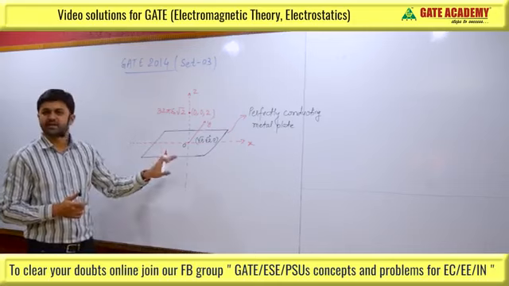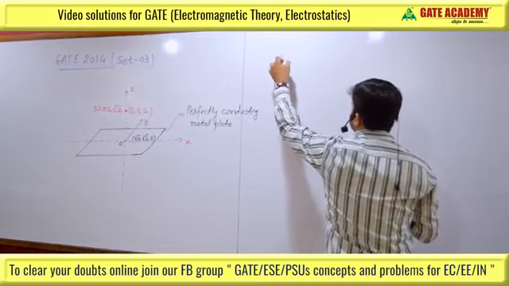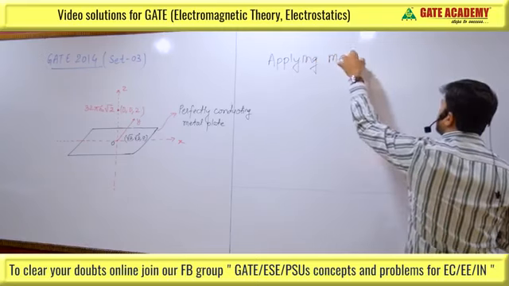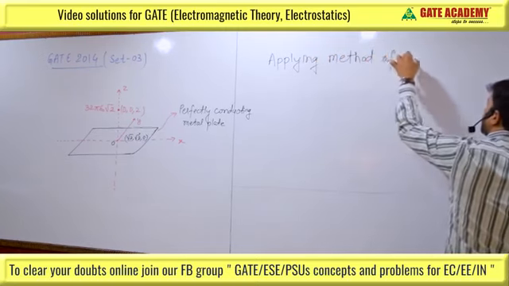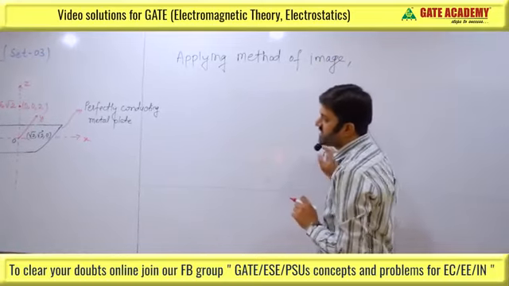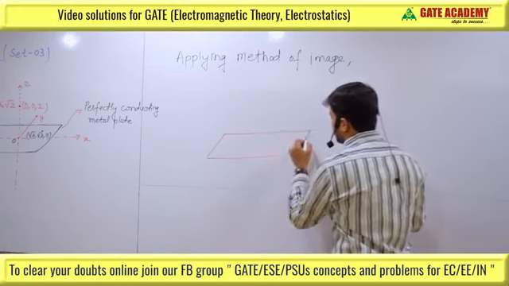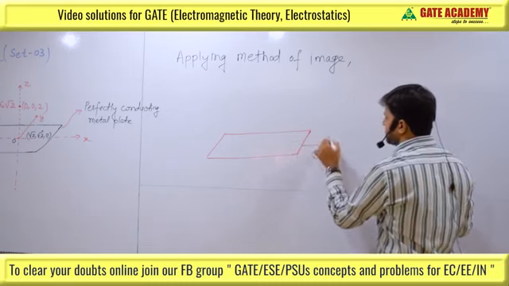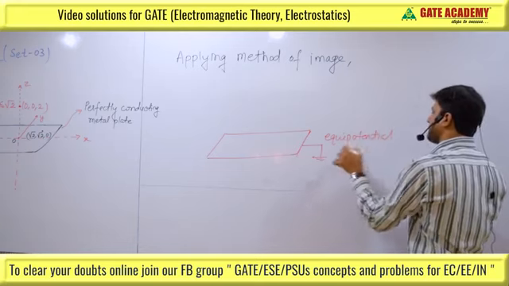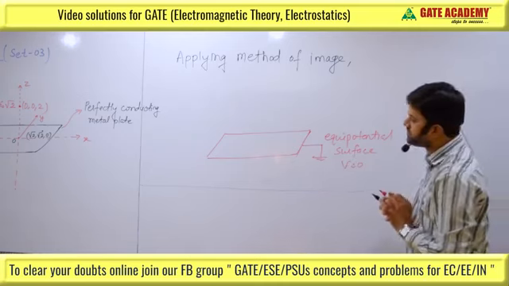So applying the method of image, the perfect conducting metal plate is replaced by an equipotential surface. This is the equipotential surface, potential is 0.